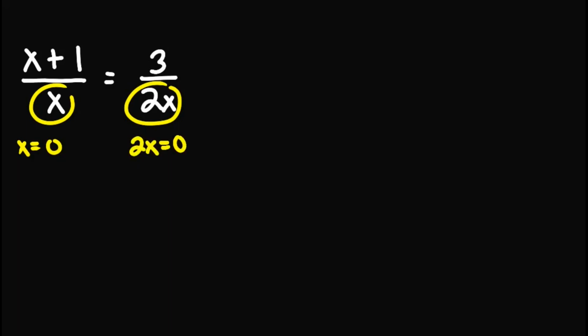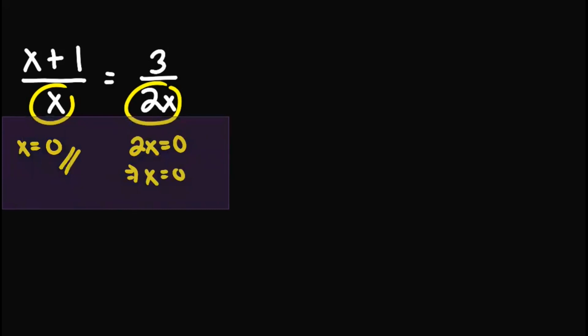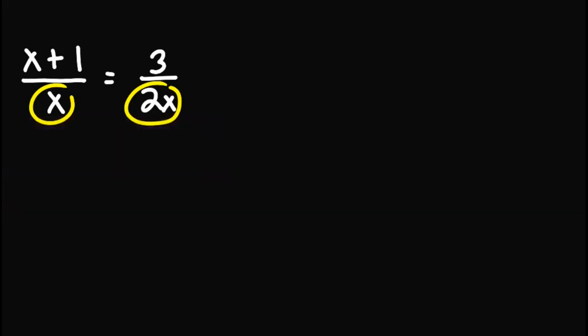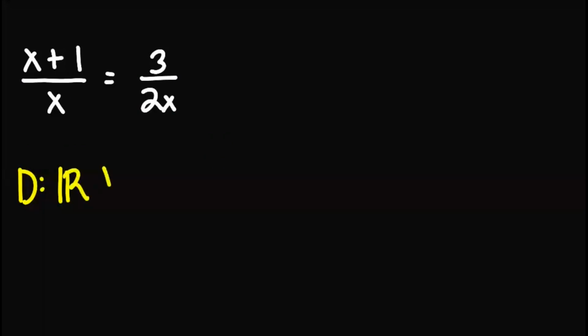In any case, it is simply x equals 0, since 2x equals 0 also implies x equals 0. So with that, we know that the domain for this one is all real numbers except 0. So if we obtain 0 later, that one is not part of the solution.